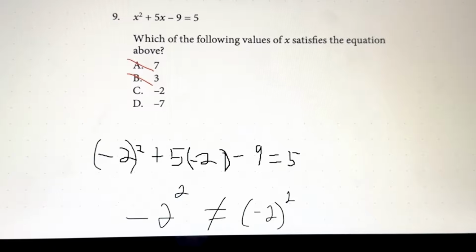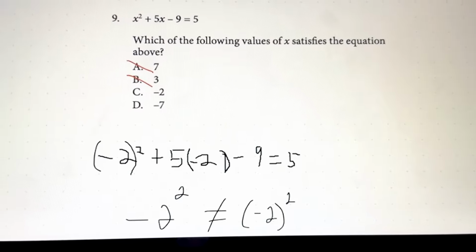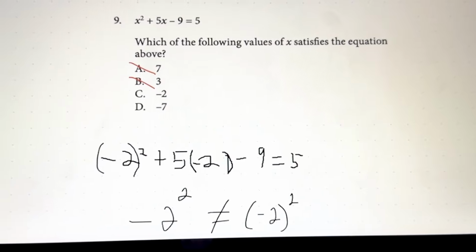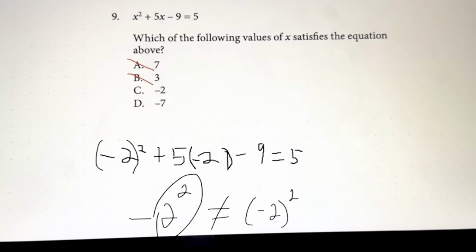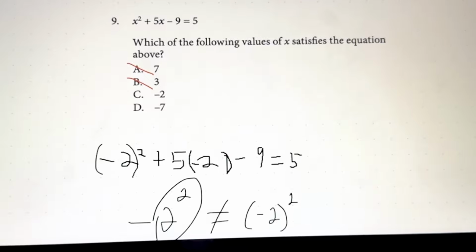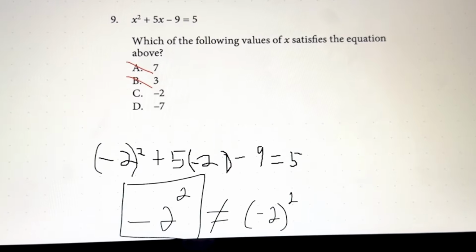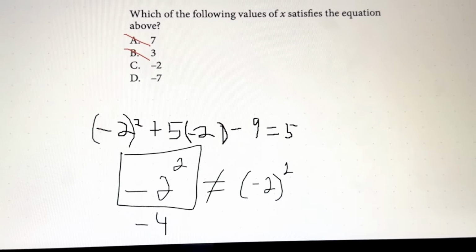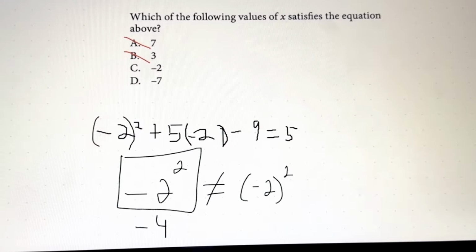These are not equal. Did you know that, Jackson? Without parentheses, 2 squared is 4, so that's going to be negative 4. With parentheses, that would be positive 4. And then the right hand side is positive 4.